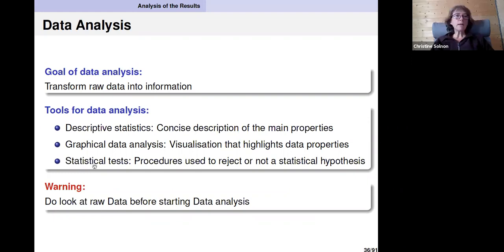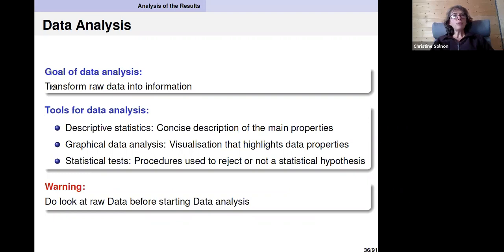And finally, we can also use statistical tests, which are procedures that allow us to reject or not some hypotheses. A big warning here: before doing data analysis, the first thing to do is to look at raw data. It is always interesting to have a look at the raw data before computing mean values or before drawing pictures.